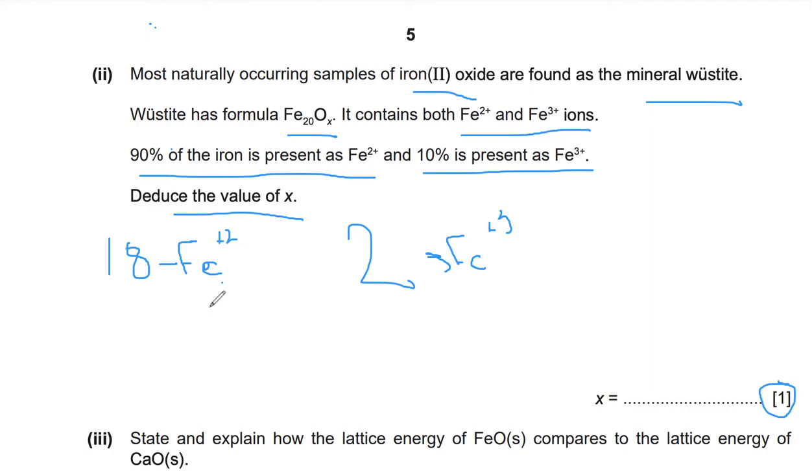So if we calculate it by 18 multiplied by 2, which is 36, and 2 multiplied by 3, which is 6, so 36 plus 6 over 2 would be 21. So Fe would be plus 21, and that's how this x would be 21 as well.